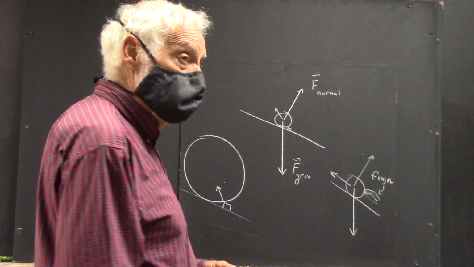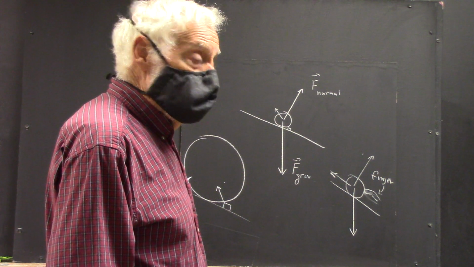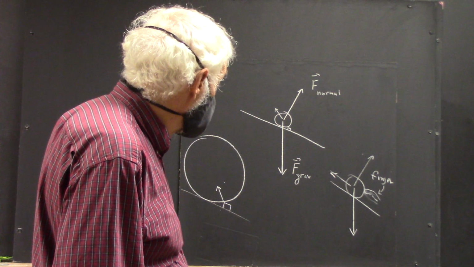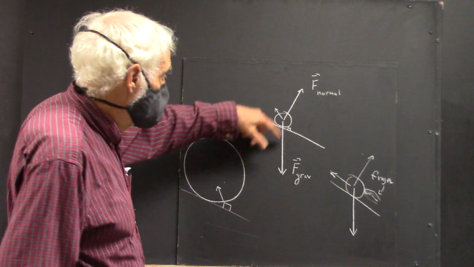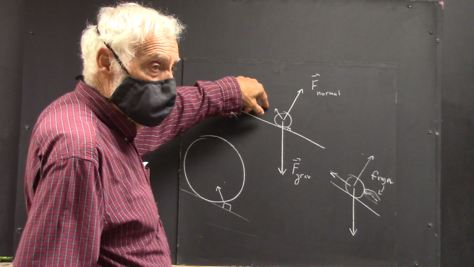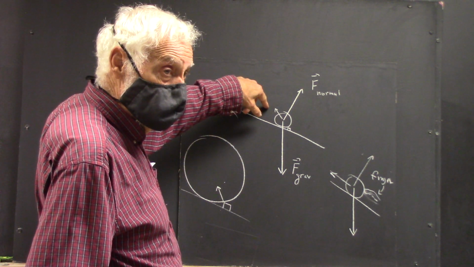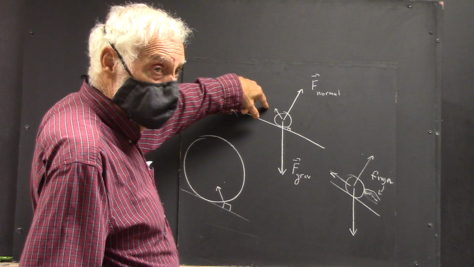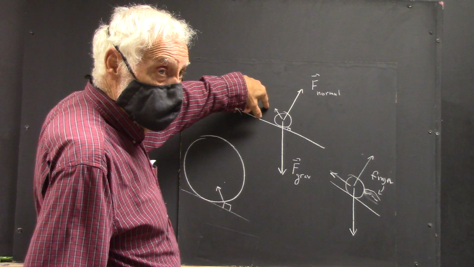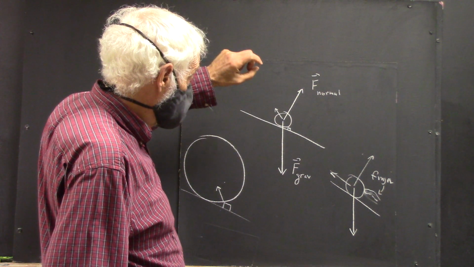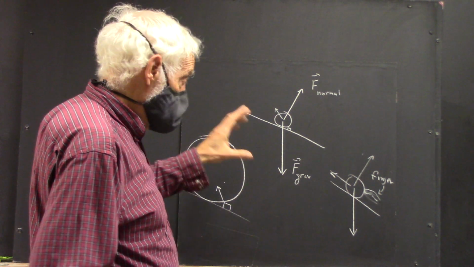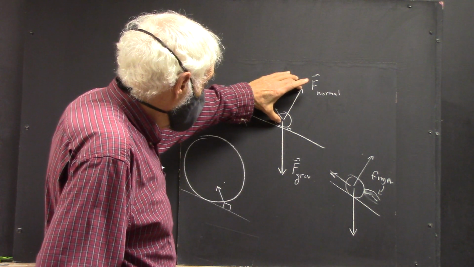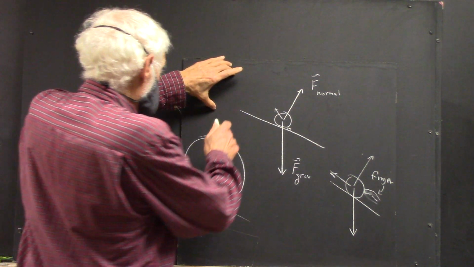Now the other thing about these pictures, if I draw these three forces head to tail, if I've drawn them accurately, which I probably haven't, I think I drew the normal force a little bit too short, but let's see. Here's a normal force.